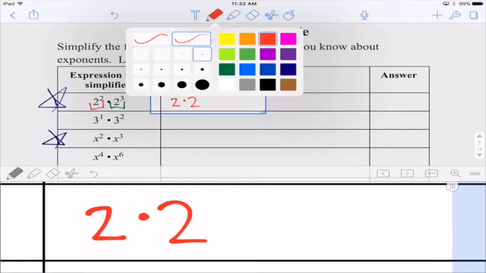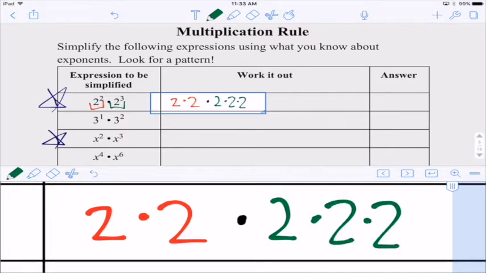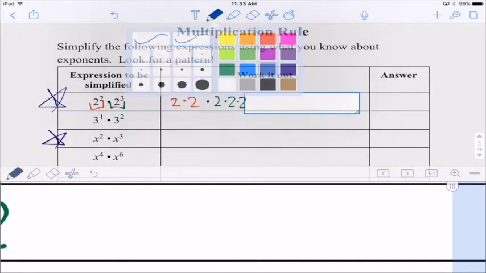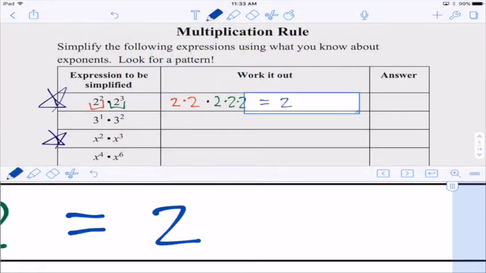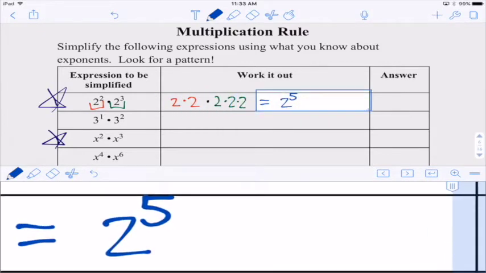And you're just multiplying that together. And then 2 cubed means 2 times 2 times 2. Well, if you catch on quick, all of that together will equal 2 to the 5th power, right? Because you multiplied it together 1, 2, 3, 4, 5 times. And 2 to the 5th is, I believe, 32.